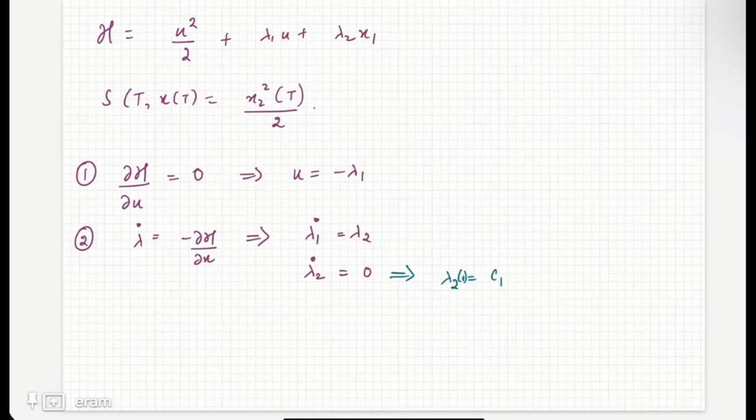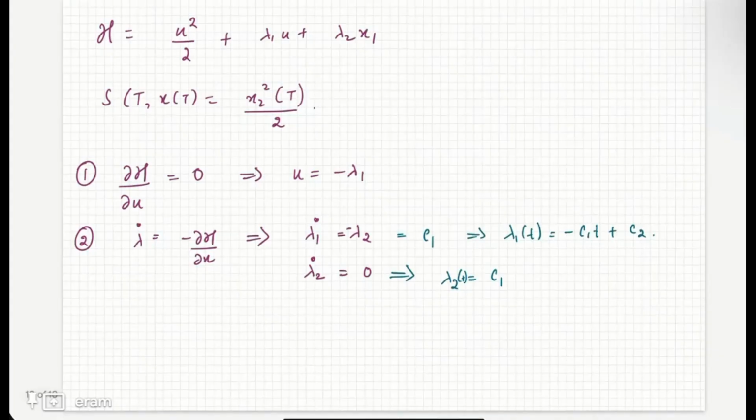Let's call that constant c1. Now since lambda 2 is a constant, which is c1, lambda 1 t would be nothing but the integration of this constant, that is minus c1 t plus the constant of integration, that is c2.